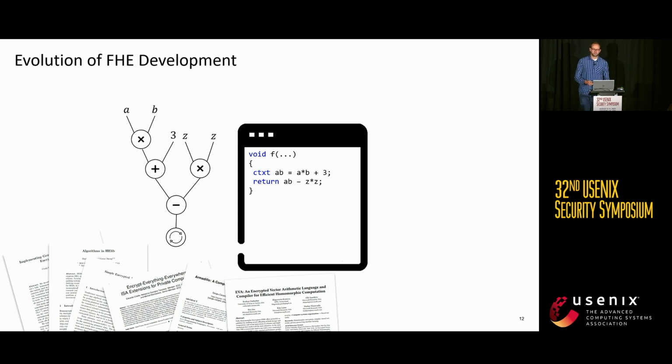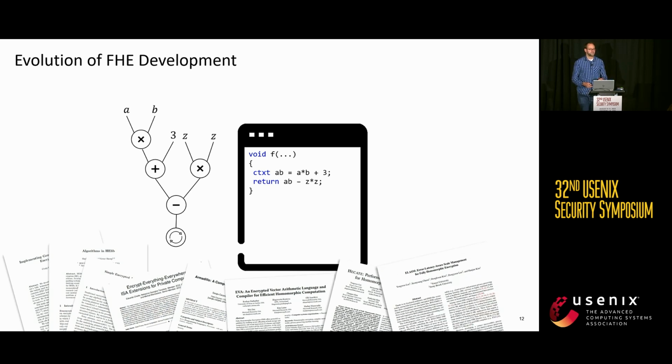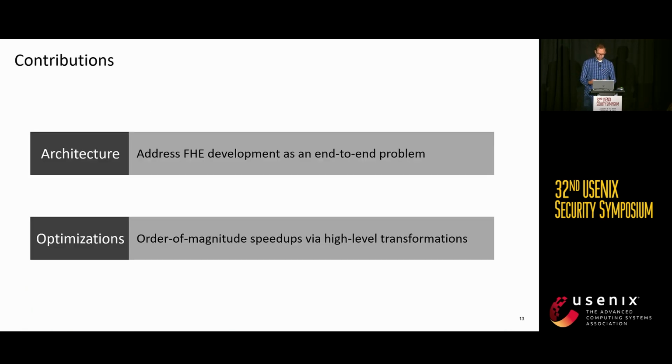And there's now been a series of work culminating in the one that we just saw before this that show how to do this even more optimally. However, these existing tools generally still assume that the input is this circuit level representation and don't consider the development process holistically. And so with HECO, we present the first fully end-to-end architecture for FHE development and show how our approach can help us to implement new, higher level optimizations that can give order of magnitude speedups compared to unoptimized code.